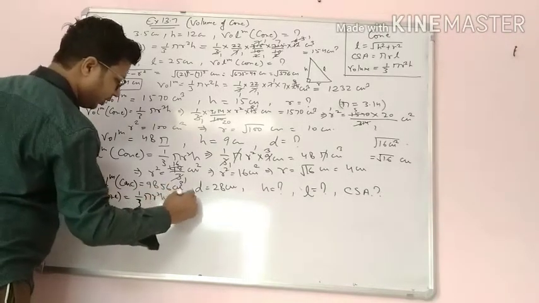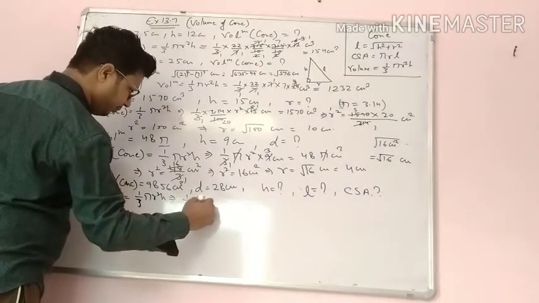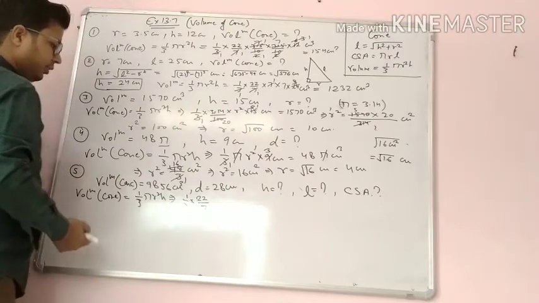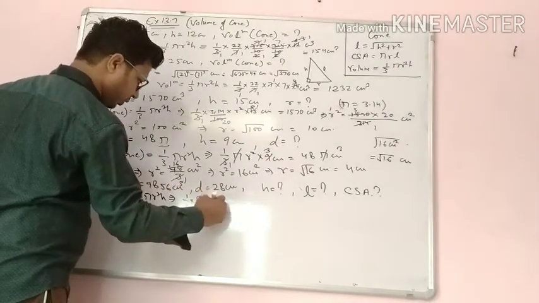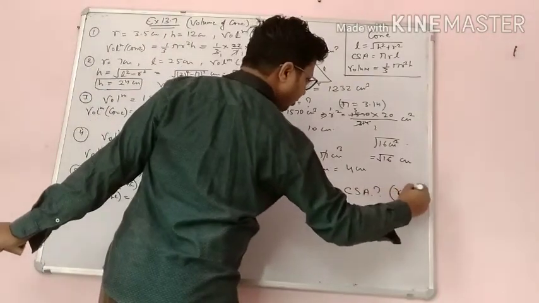By comparison, 1/3 multiplied by 22/7, multiplied by r square. r is equal to diameter divided by 2, r is equal to d/2.